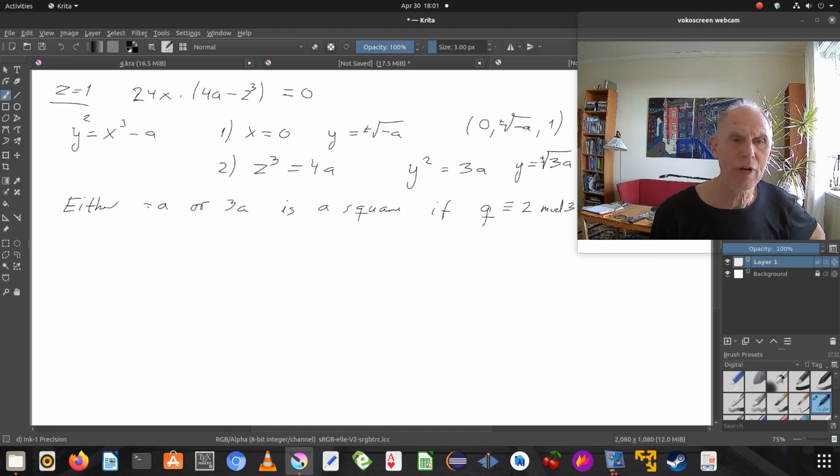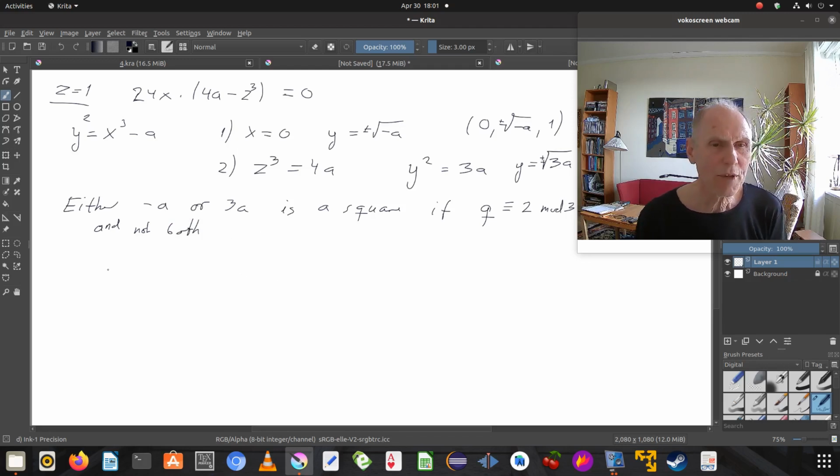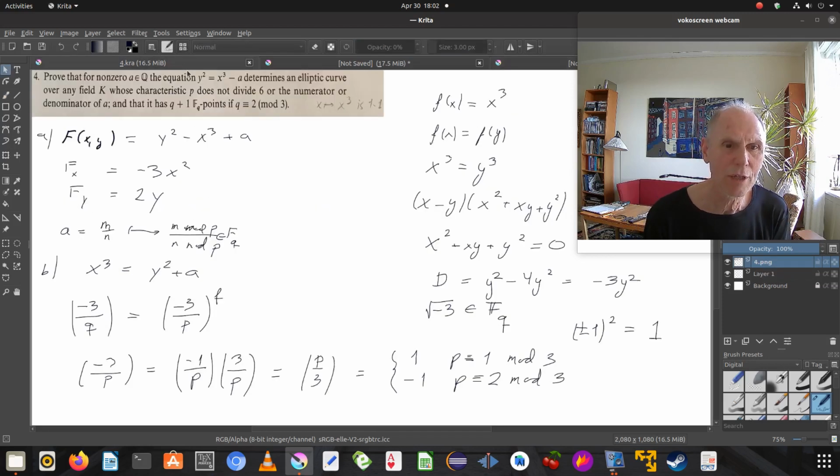So either we have to show there are exactly 2 points, so it's not both. And there was something about the number -3 as far as I remember. What do we have about -3? -3 is not a square.